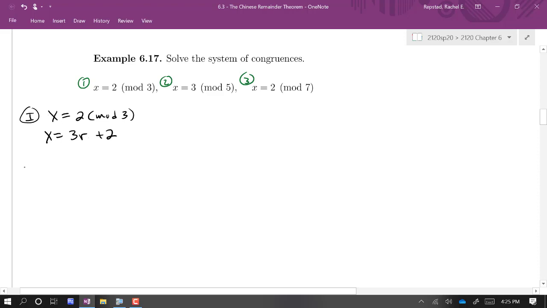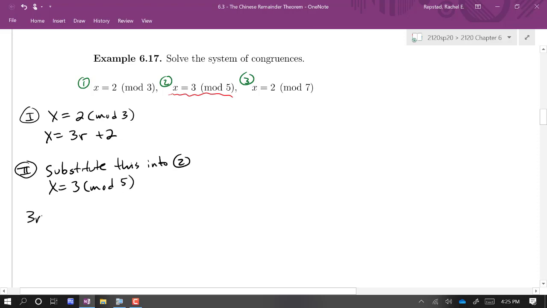Next, we substitute this expression for x into the congruence in the second equation. We started with x equals 3 mod 5, so now I'm going to have 3r plus 2 is equal to 3 mod 5, and we're going to solve this congruence for r.